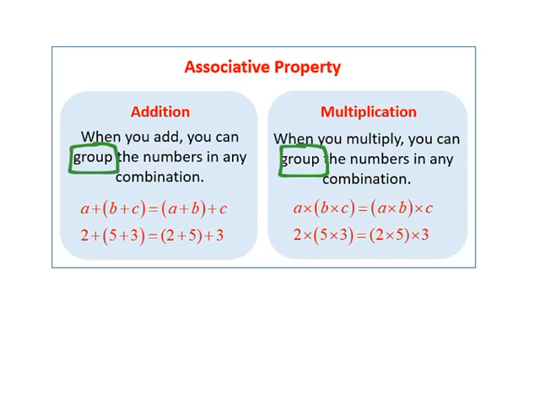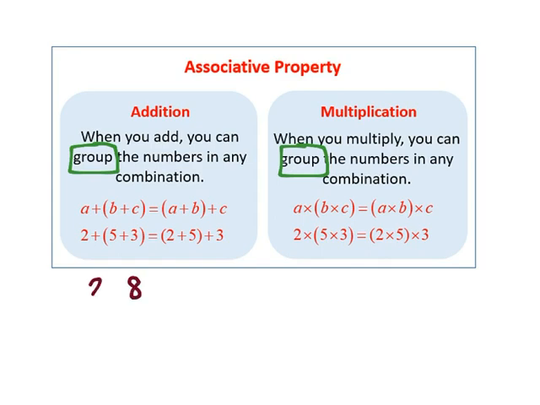If you look at the addition side, when you add, you can group numbers in any combination. I always focus on the number example because I think it makes more sense than using the variables or the letters. It says (2 + 5) + 3 is the same thing as 2 + (5 + 3). It's written in the same order, just the parentheses group things differently, and tell you what to do first. On the left-hand side, we add 5 and 3 together first, and we get 8.